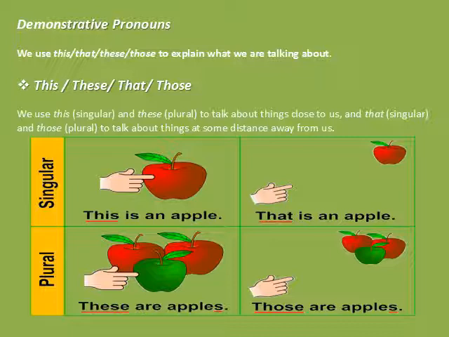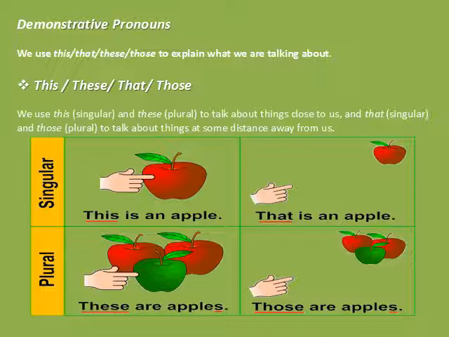In singular, this is used to show that the object or person is near you. You can look at the figure. This is an apple. It is near. And that is used to specify that the object or person is far from you. You look at the sentences.